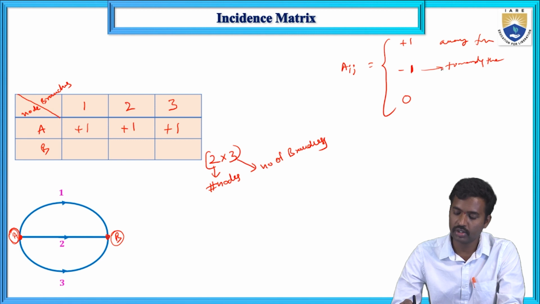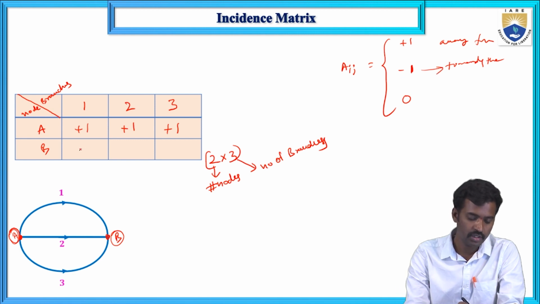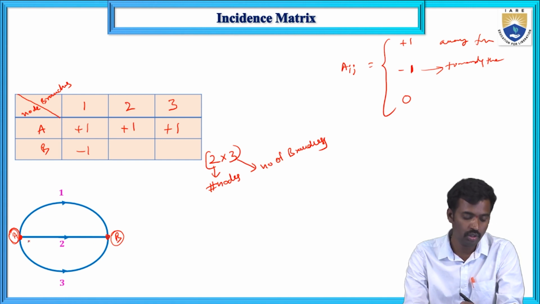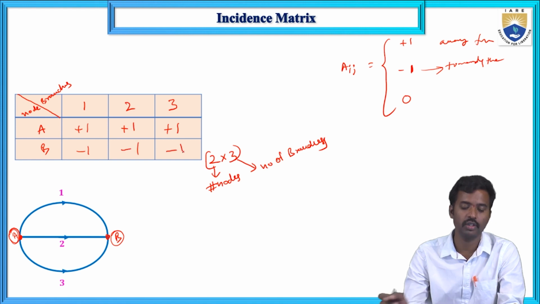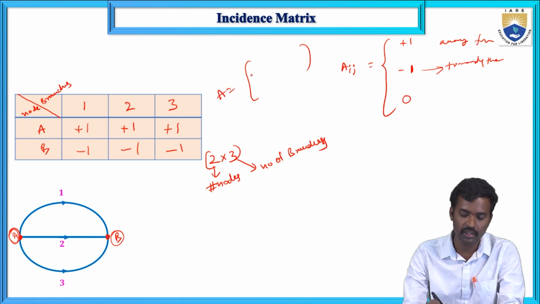Entering towards the node means this is -1. One branch, 2 branches and 3 branches are entering towards the node, -1, -1. So the matrix for A is +1, +1, +1 and -1, -1 and -1.